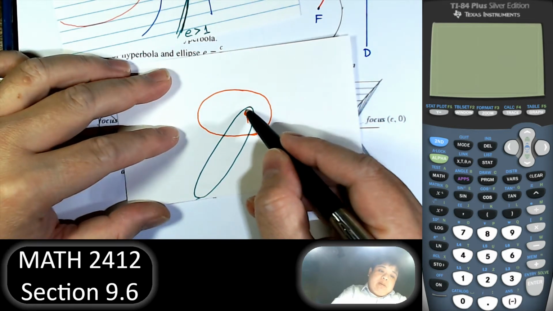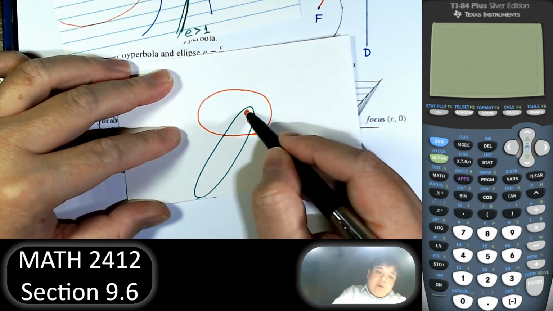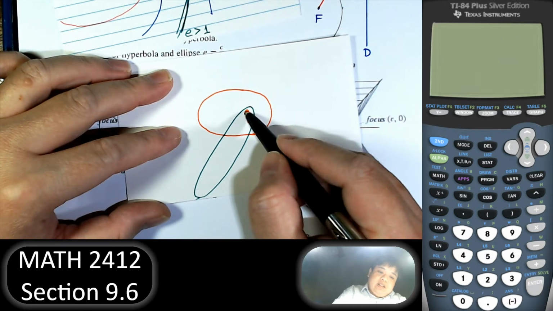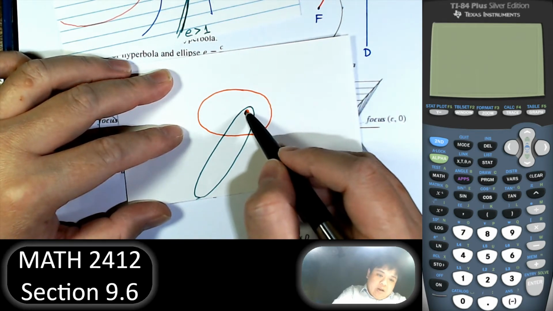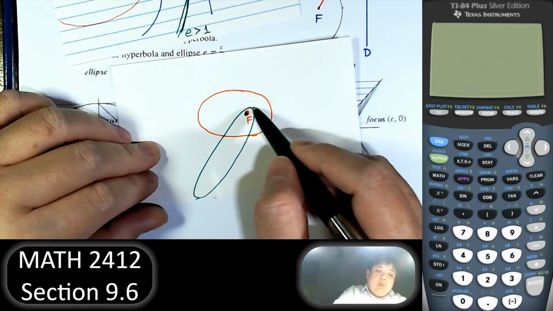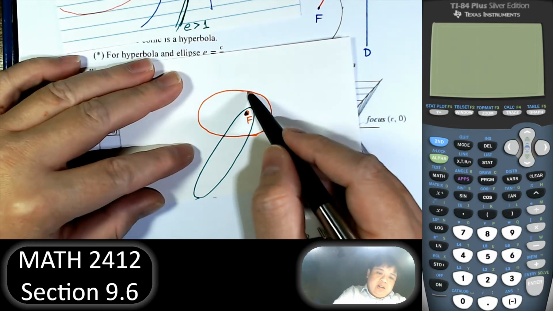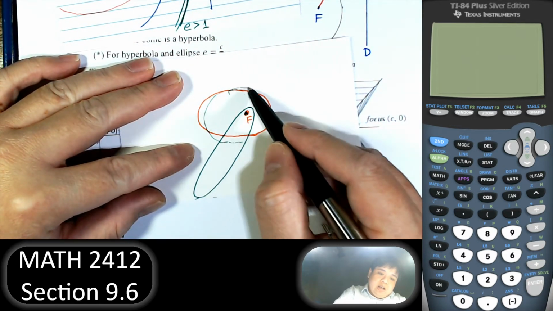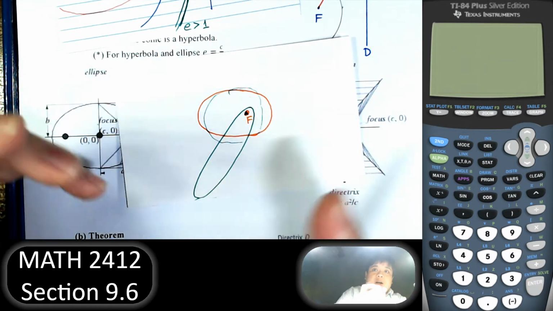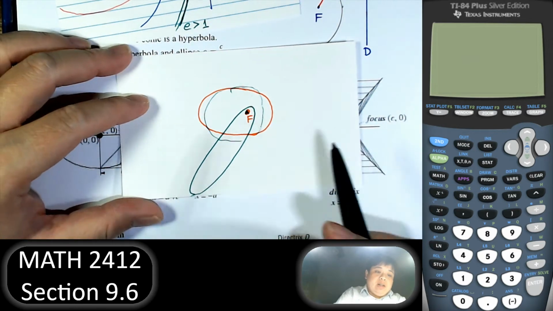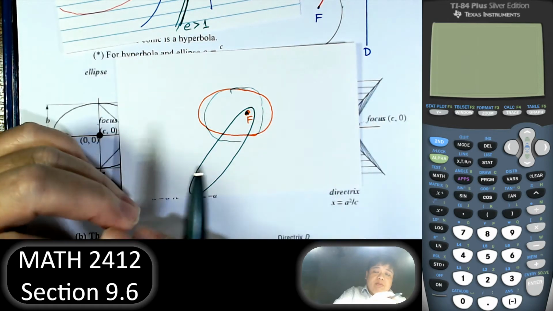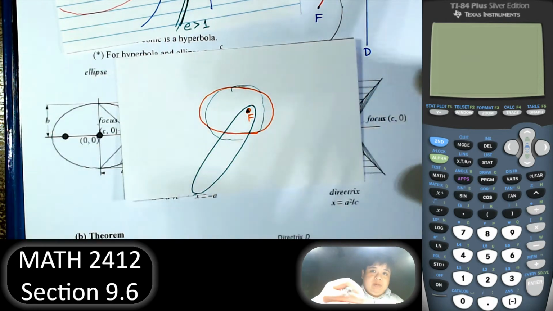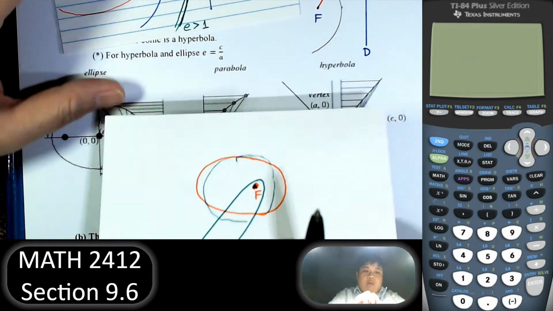Same thing with the Earth, but the Earth's orbit is almost a circle, so we don't see much difference. But some other objects travel in a very skinny elliptical path.